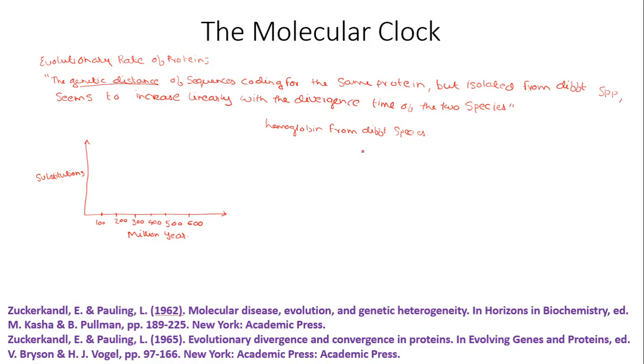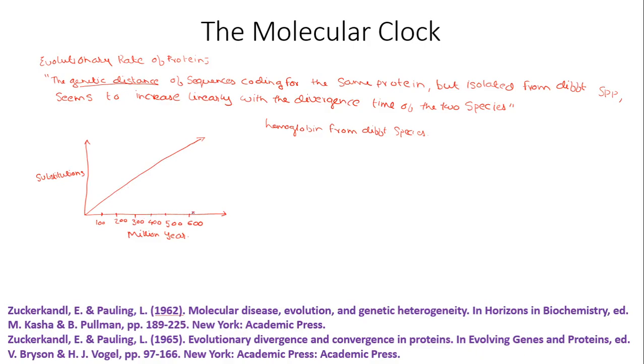You will find that the number of substitutions on the y-axis increases linearly, as a straight line. That is, as time progresses, the number of mutations accumulates in a linear fashion.